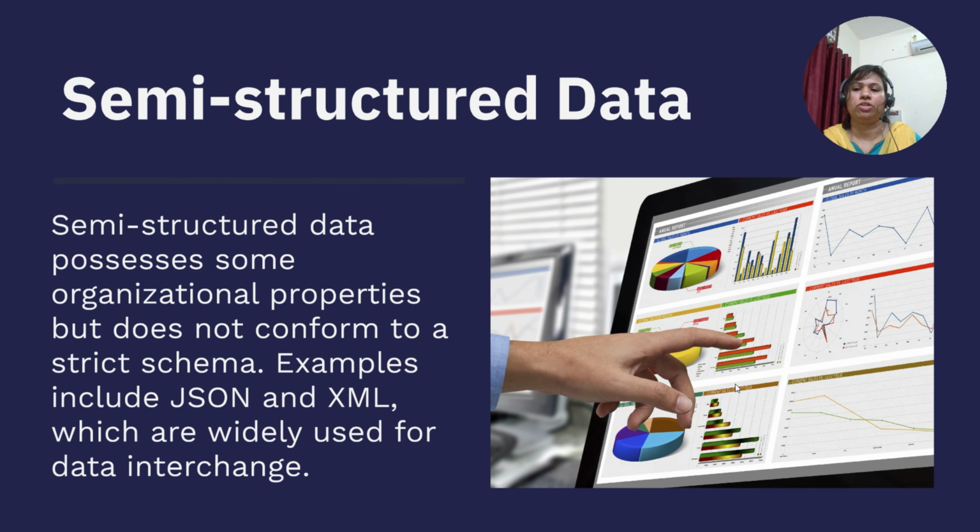Next comes semi-structured data. Semi-structured data has some organizational properties, but it does not conform to something like a star schema. Part of it you can understand, but if you are new to computers or to these types of data, you need to understand what it is. Let us take JSON, that is JavaScript Object Notation. It won't be a tabular column, but it has the data directly.